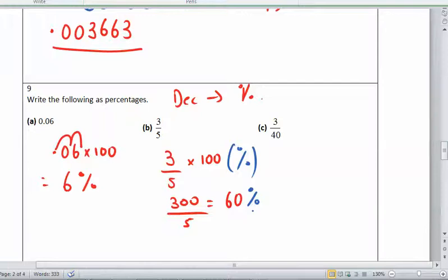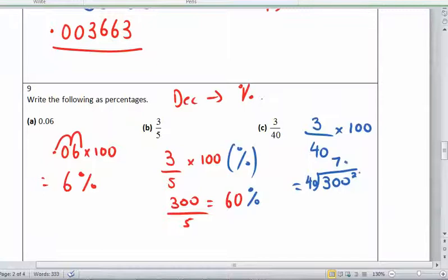Think about it, 3/5 of 100% is 60%. 3 over 40, well, I guess you could do a few things. 3 over 40, if you just do that, once again, times 100, that is going to be equal to 300 divided by 40. 40 into 300 is 7, 2, 7 point what?